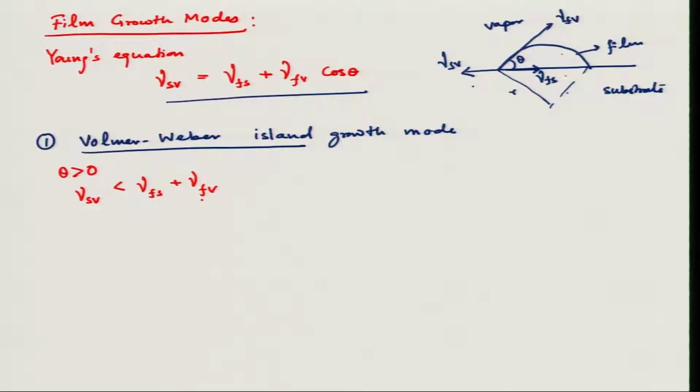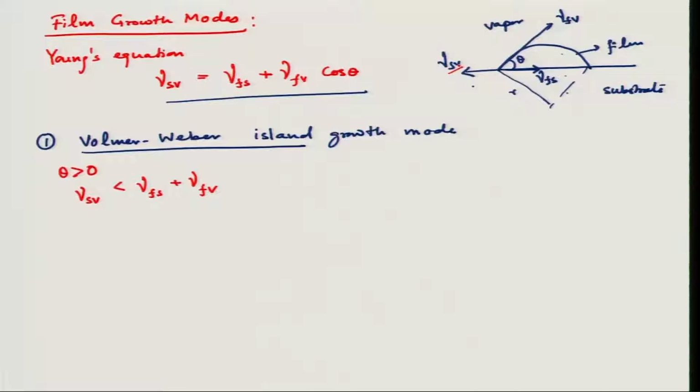If gamma SV, the surface energy between substrate and vapor, is less than surface energy between film and vapor, right. So the whole system will like to have more area which has substrate and vapor, because this surface energy is lower.